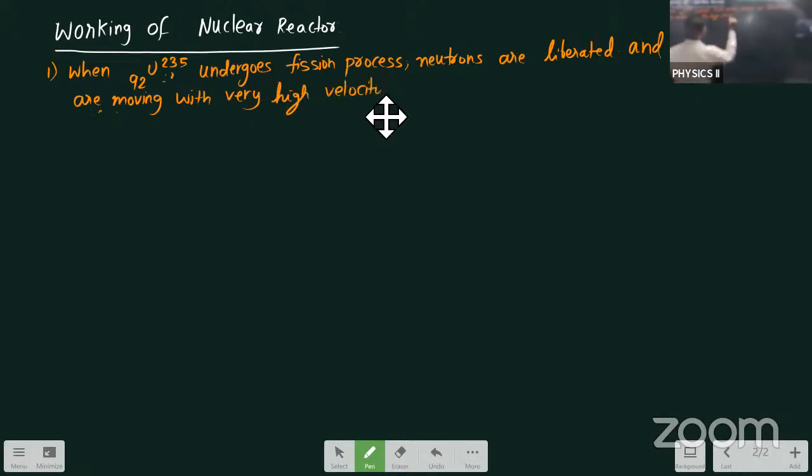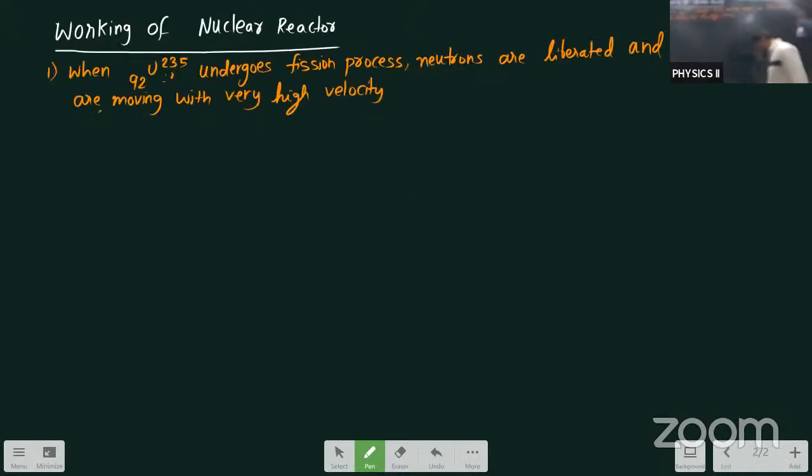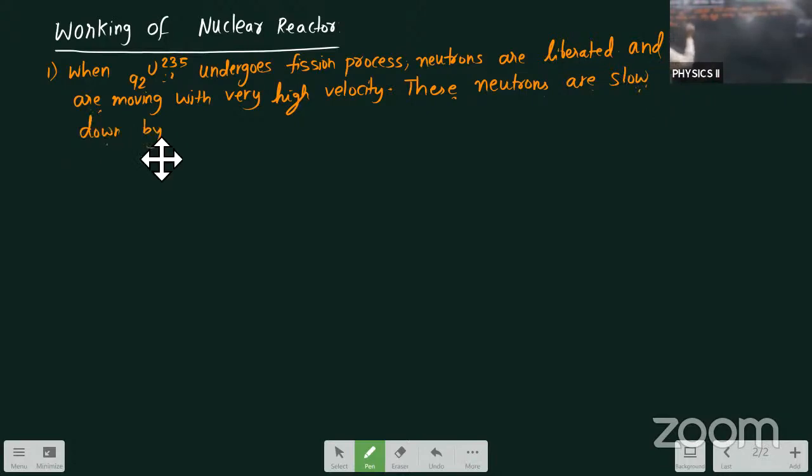What will we do next? What was the work of the moderator? To slow down the fast moving neutrons. So these neutrons are slowed down by the moderator.